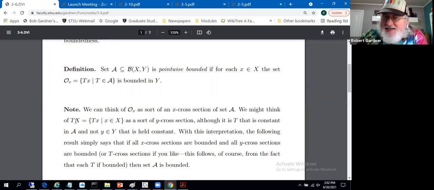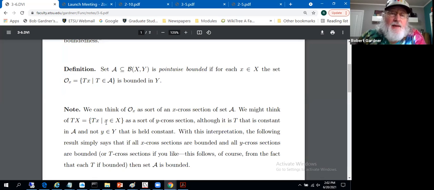It's actually the T that's fixed here. So we're taking a particular T and looking at all corresponding output values. Here, we're taking an input value and fixing it and looking at all possible output values as the functions change. So up here, input value is the same. Down here, function is the same.